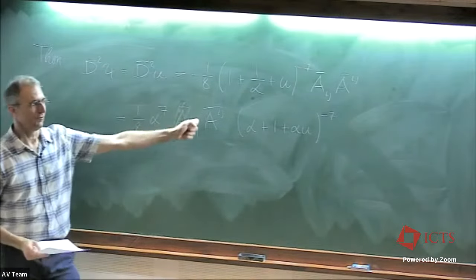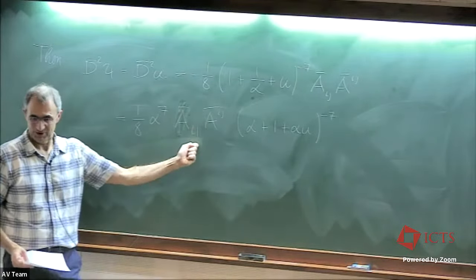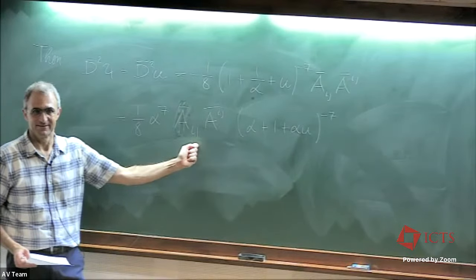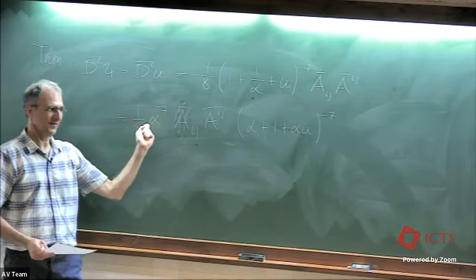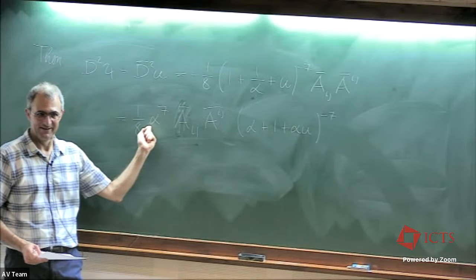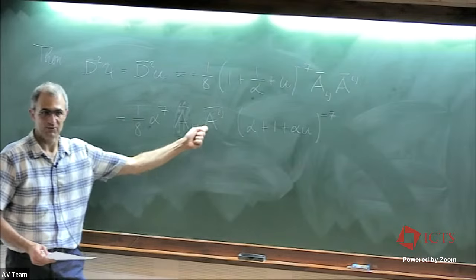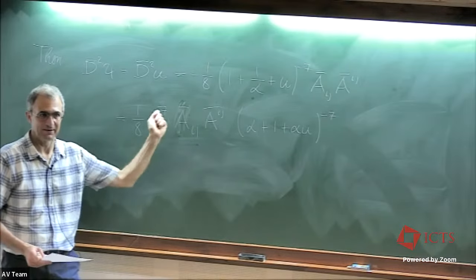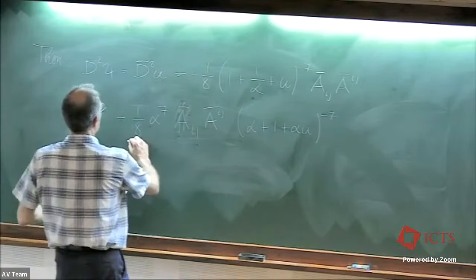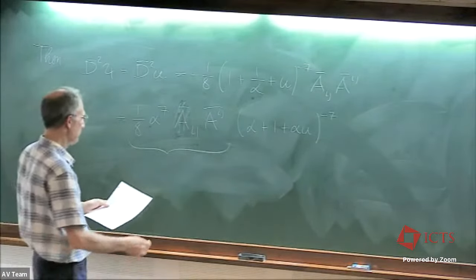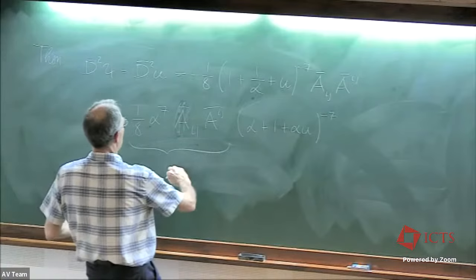Now, remember this term diverges, but not faster than r to the minus 6. This term goes with r to the 7. So this term remains regular at the puncture, what we call the puncture at r equals 0. Now, again, following what Bernd Brügmann and Steve Brandt did, I'll call this beta.